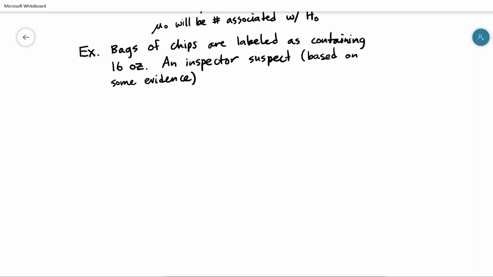When we actually do these problems, we'll specify that evidence, but for now, I just want to figure out the null and alternate hypothesis. We don't need to know exactly what the evidence is. So an inspector suspects that the mean weight is actually a little bit more, that they've actually been overfilling these bags of chips.